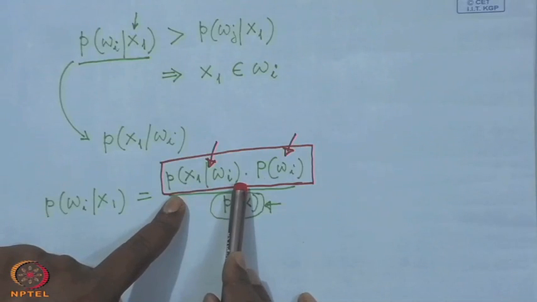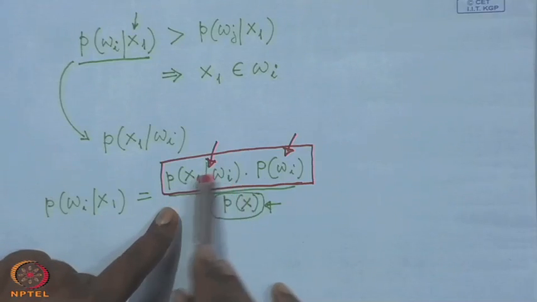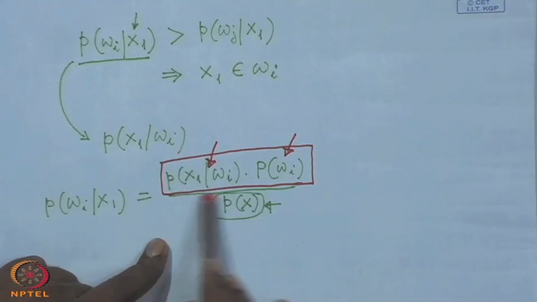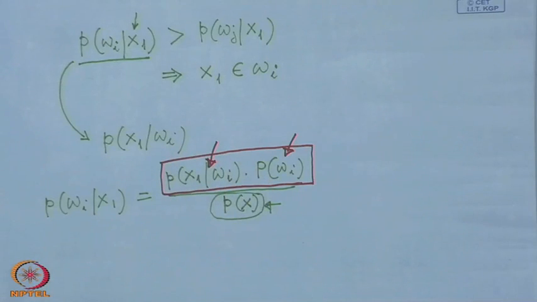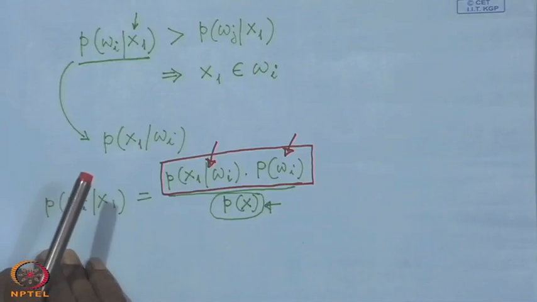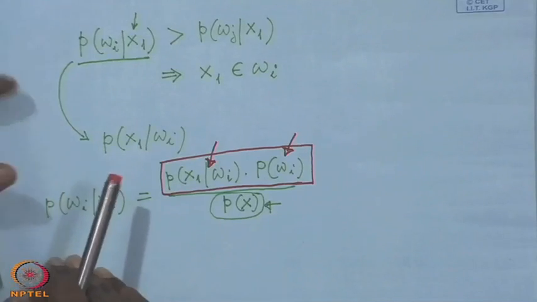I have a set of samples, and using those set of samples, I have to estimate what is P of x 1 given omega I. And obviously, I do not assume that this probability distribution function follows any known parametric form. Okay. So, how we can do that? That is the problem that we are going to discuss today and maybe tomorrow and day after as well.